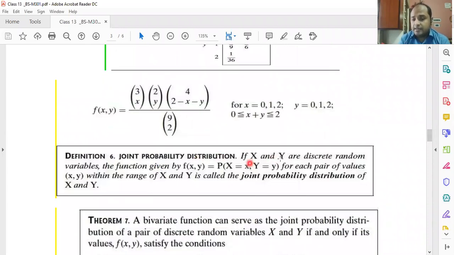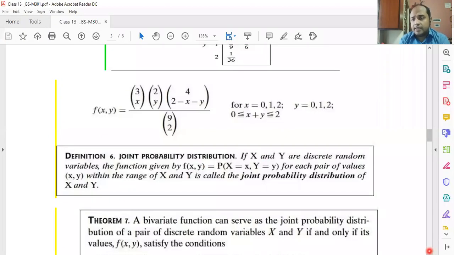The definition is, if capital X and capital Y are discrete random variables, the function given by f(x,y) is this for each pair of values x, y within the range of capital X and capital Y. The range of capital X here is 0, 1, 2, and the range of capital Y is 0, 1, 2. So that's why I have written here within the range of capital X and capital Y. This kind of distribution which I have obtained above is called a joint probability distribution of x and y. There is a theorem.